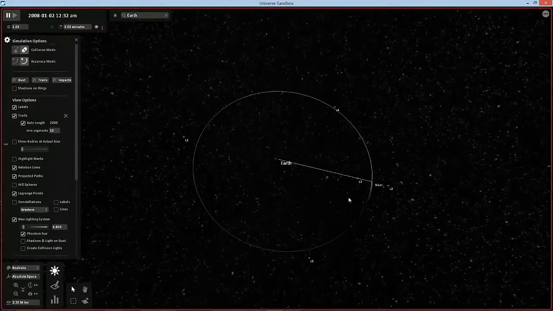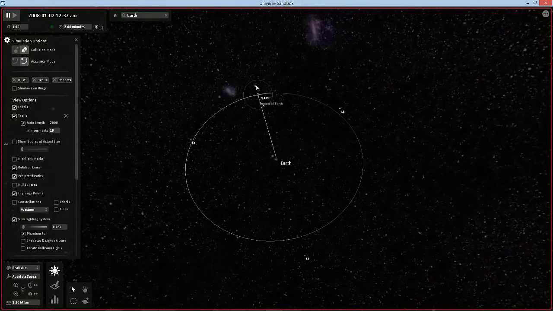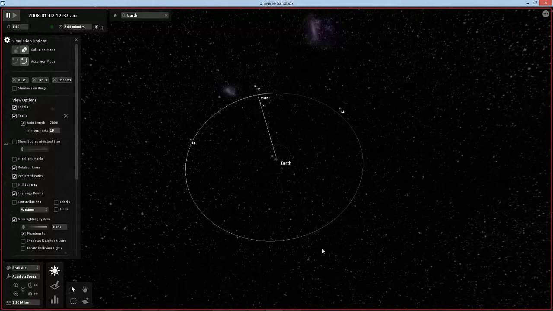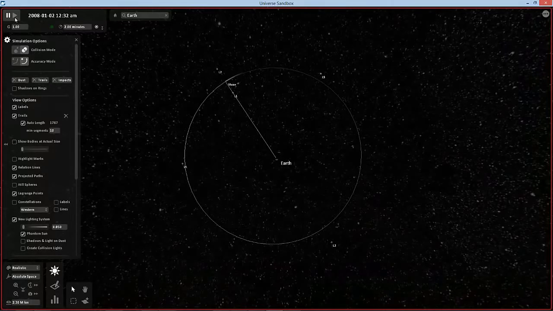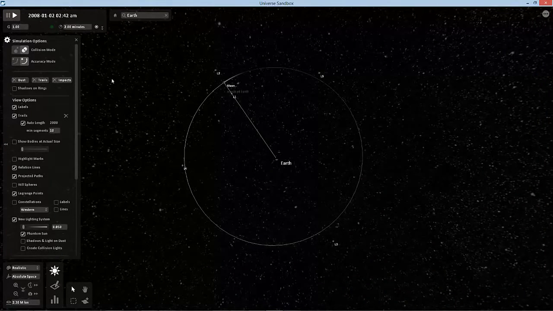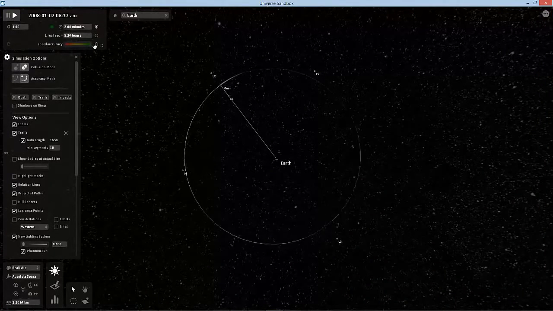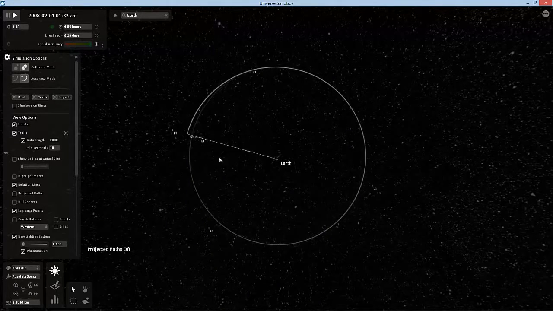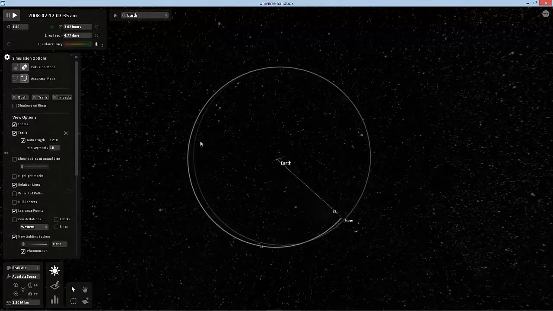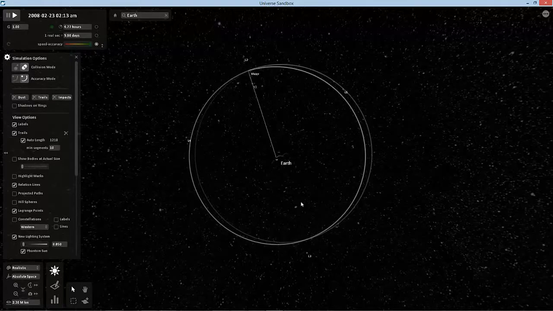L2 is always behind that body. L3 is always behind the central body. Basically, all these points are always somewhere at these positions. Of course, they move along with everything, so let's speed this up. And as you see here, it moves along with the orbit.